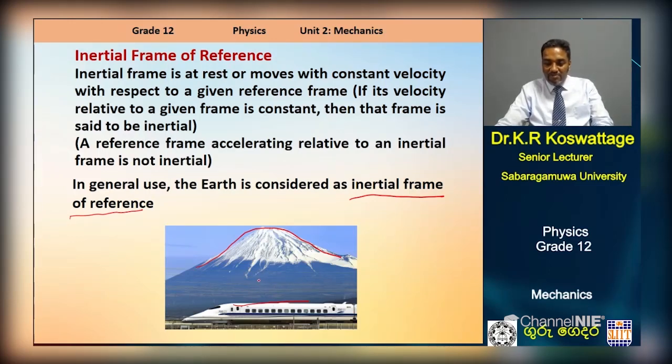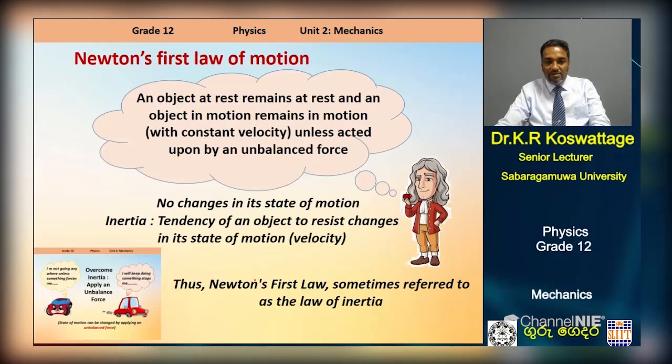Before moving to Newton's laws, that is all about inertial frames of reference. Now we can move to Newton's first law. Newton's first law states that an object at rest remains at rest, and an object in motion remains in motion, in this case motion with constant velocity.